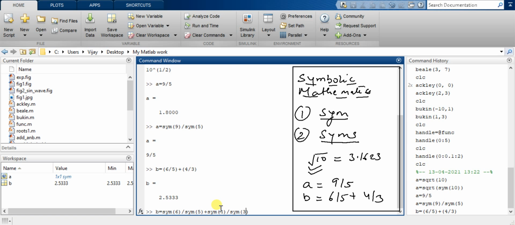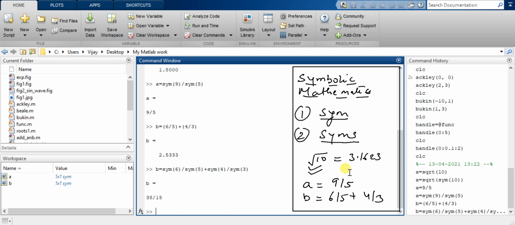This will give you the same expression which is written over here. I think this performs the addition of both these values and will give the result in the form of a single fraction, 38 by 15. I hope this sym command is clear to you.